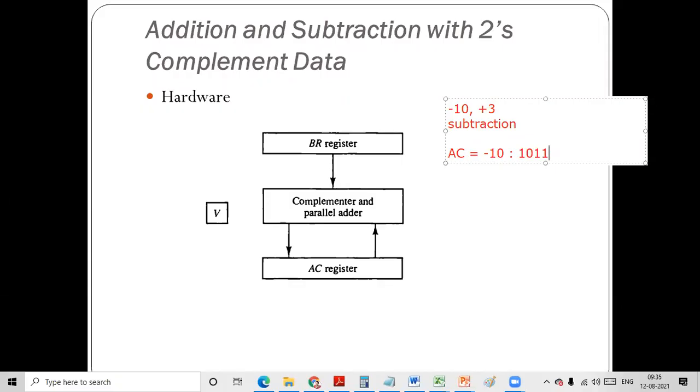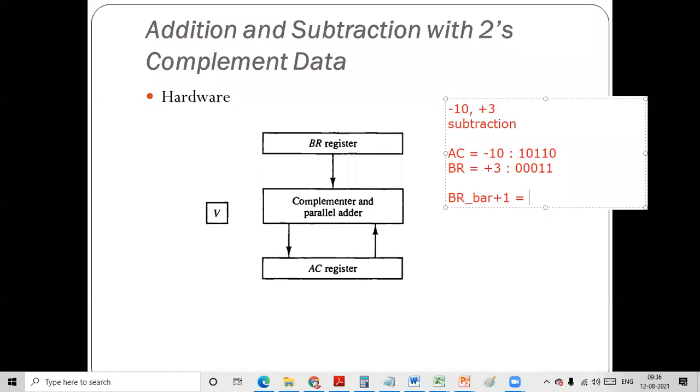This is minus 10. And your BR register is plus 3, taken with the same n bits, 0, 0, 0, 1, 1. Now I want to perform the subtraction. I have to take the 2's complement of BR and then add it to A. So 2's complement means BR bar plus 1.